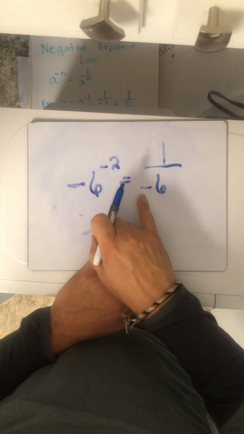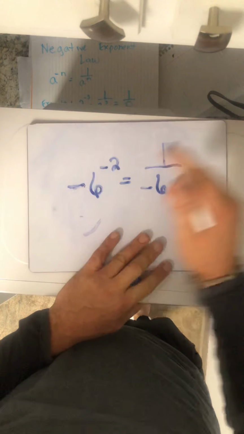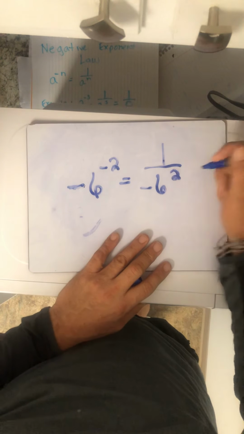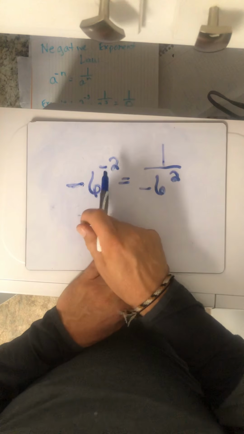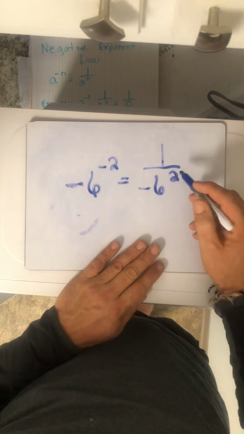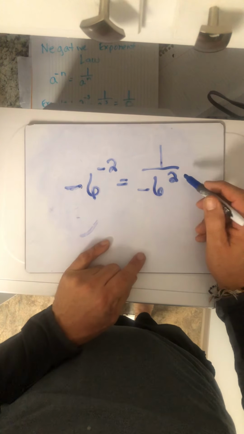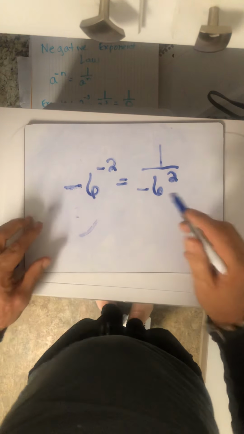A lot of students think that this completely removes the negative. That's not true. It only removes the negative from the exponent. So negative 6 to the negative second power becomes 1 over negative 6 to the second power. We only make the exponent positive, not the base.